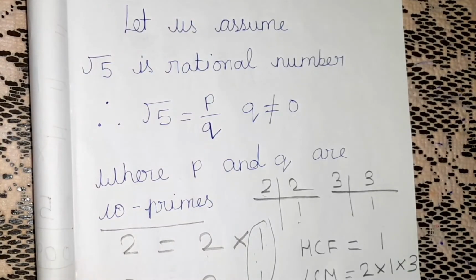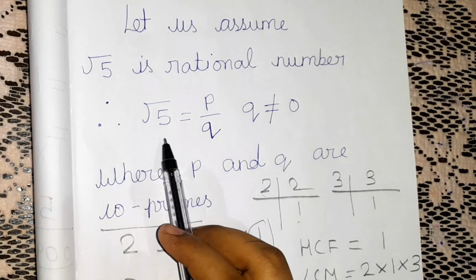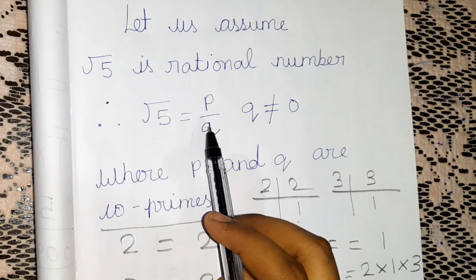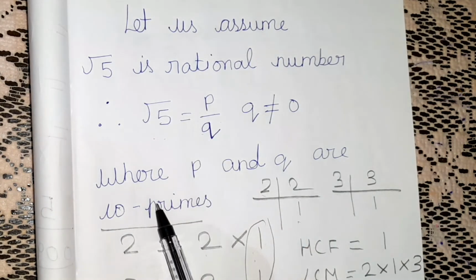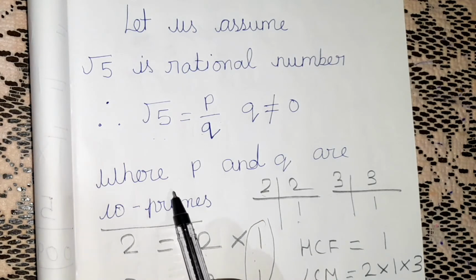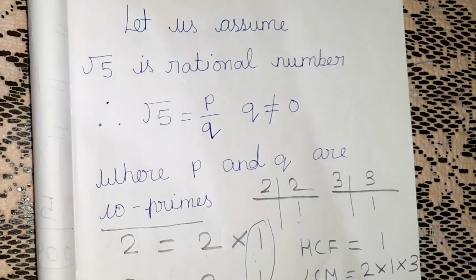Okay, so guys, now what we shall do is square it. Before squaring it, let's write the form. First of all, we are going to write root 5 is equal to P by Q. Here you can see root 5 is equal to P by Q. Then we are going to cross multiply it.